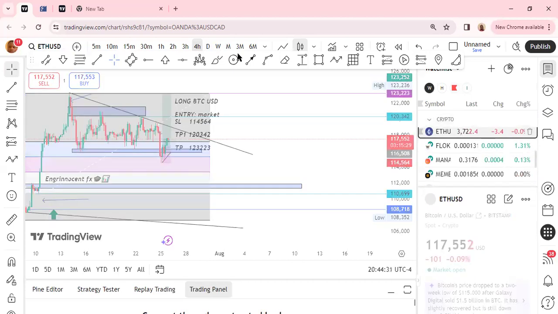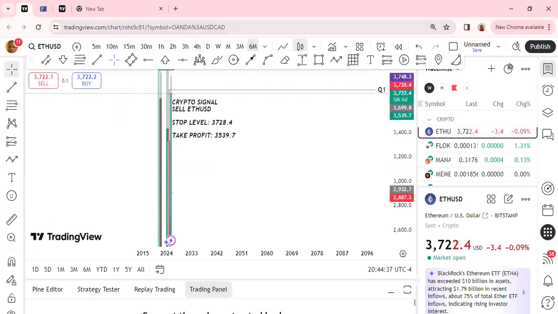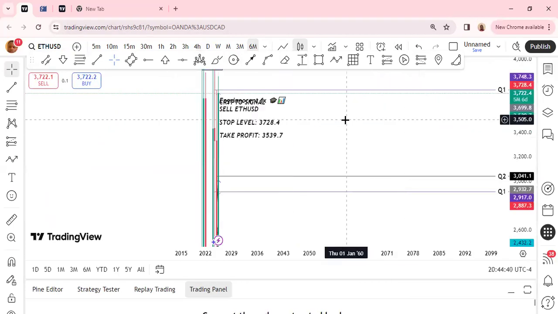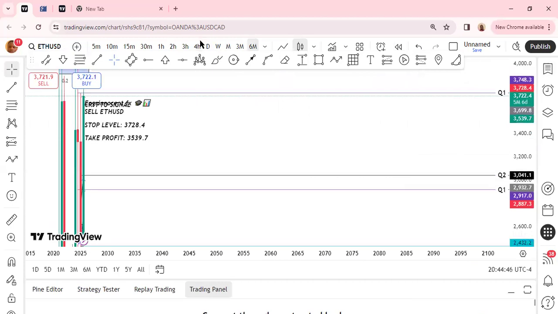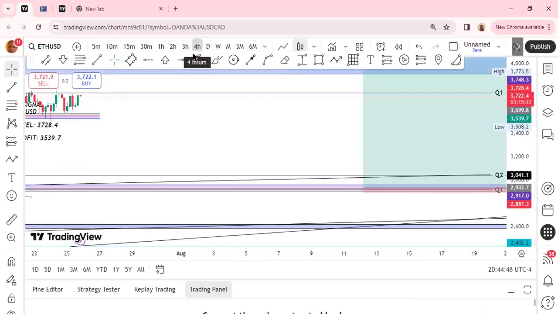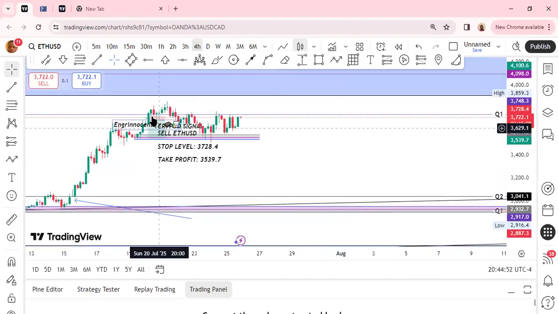Now let's just look at Ethereum, Ethereum USDT, right? I can't remember calling this trade though. Sell Ethereum. Okay, this hit stop loss.